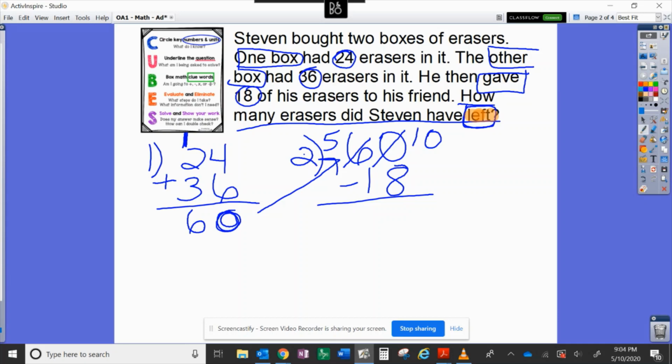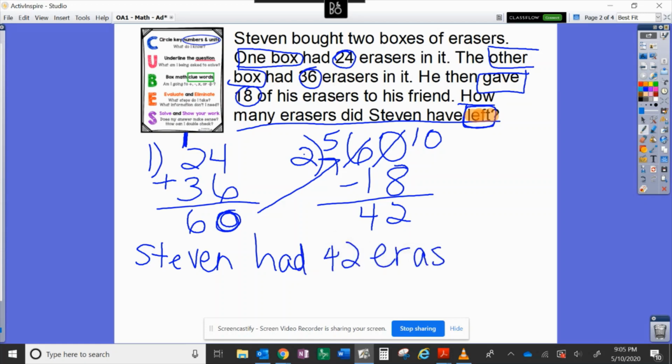So 10 minus 8 is 2. 5 tens minus 1 ten leaves me with 4 tens or 40. So I know that Stephen had 42 erasers left.